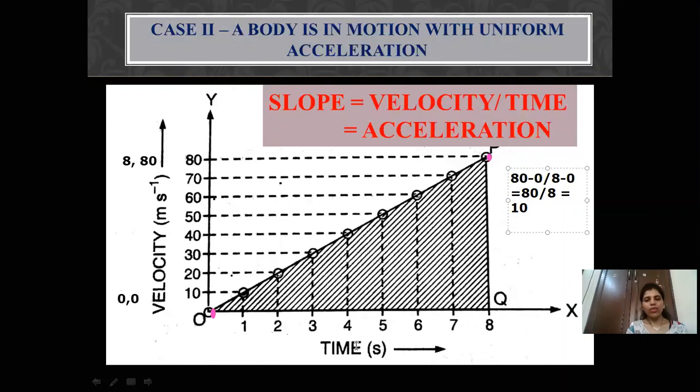Now what I'll do is I'll select two different points. So now I'm going to consider this point and this point, okay, and find the slope. So when I find the slope now, just see what I'll get. Okay.